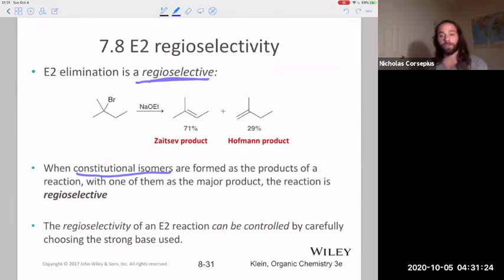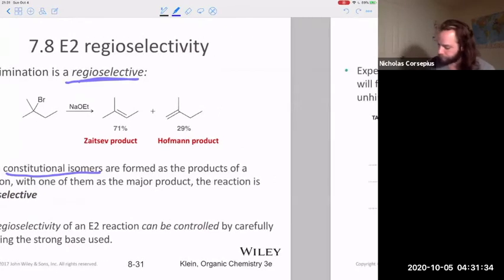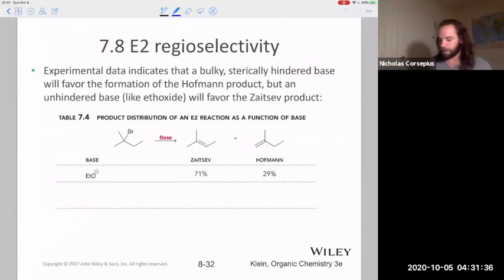You can actually tune this to produce more of the Hofmann product, or more of the less highly substituted product, through your choice of base. So let's see how that would happen. Again, we saw with what's called an ethoxide ion that we would have this like 70-30 distribution.